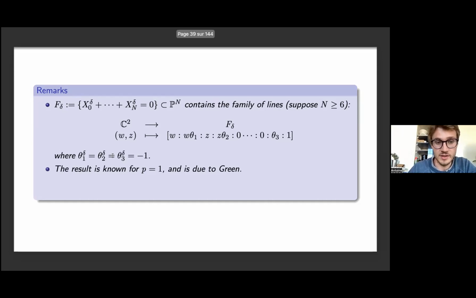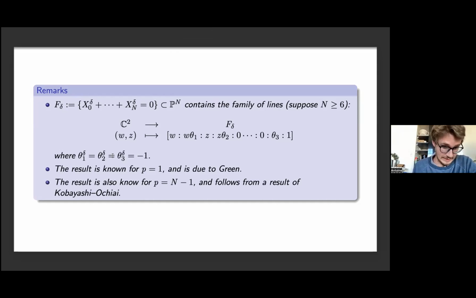Another remark is that for p equal to 1, the result is known, and it is due to Green. And it's still specific to Fermat hypersurfaces. And for p equal n-1, so the dimension of the Fermat hypersurface, it's also known. And this actually is independent of the fact that it's a Fermat hypersurface.